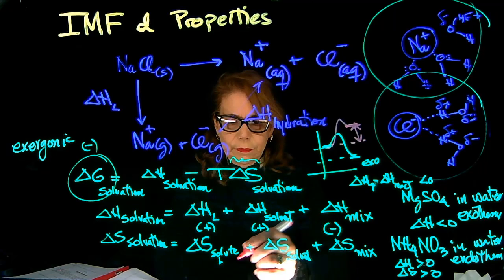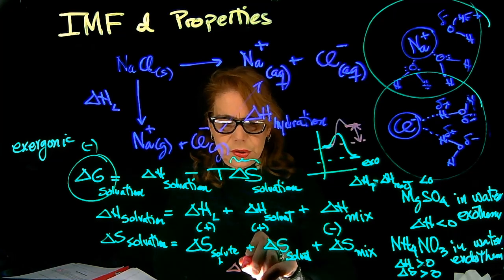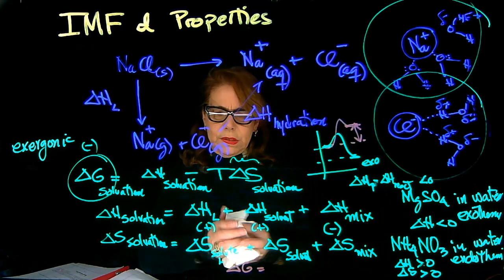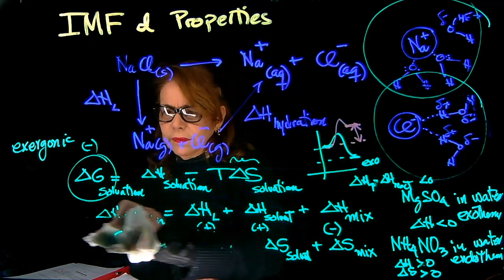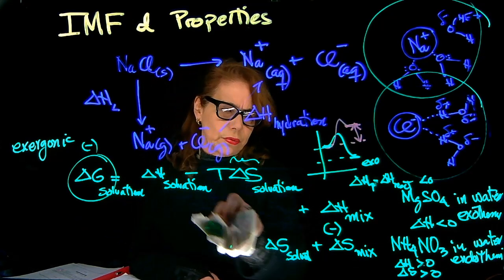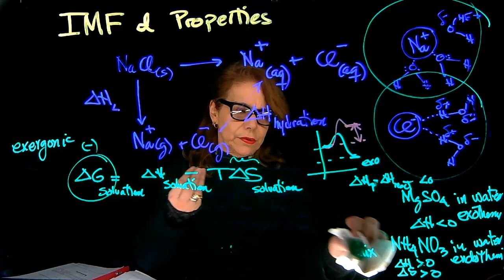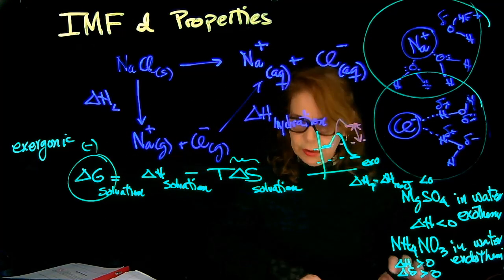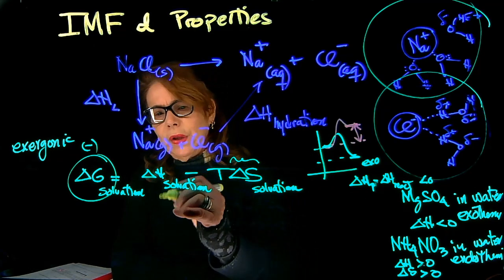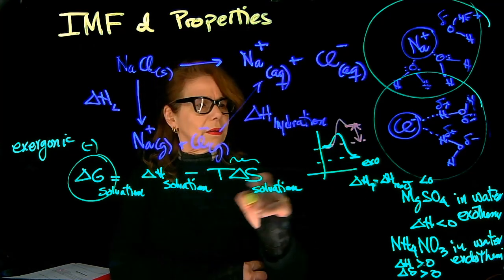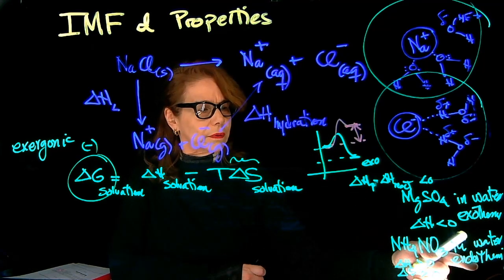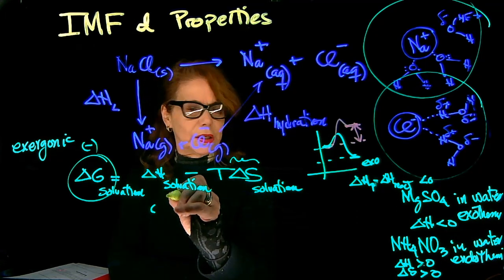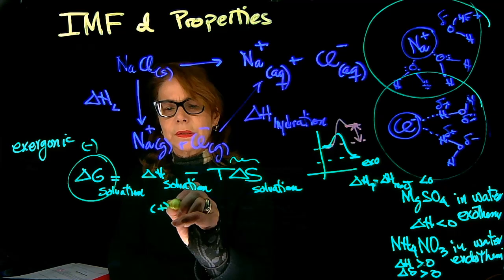So overall, in ammonium nitrate, I have delta G equal, I think I need to erase something here. I have said already the two terms. So we know that we need to break interactions, solute-solute, solvent-solvent, and that there will be changes in the mix. Now, for ammonium nitrate, that delta H overall, we know that reaction is endothermic, so we will have something here with positive sign.